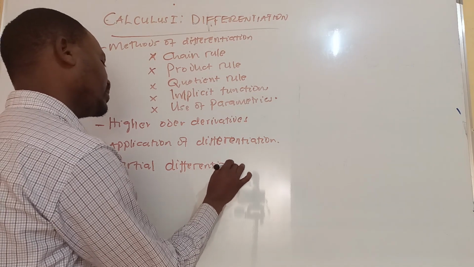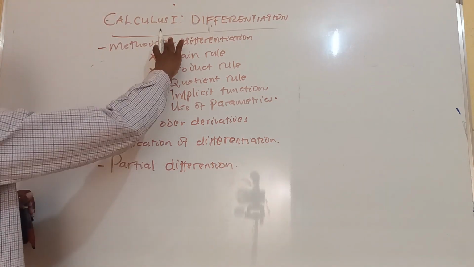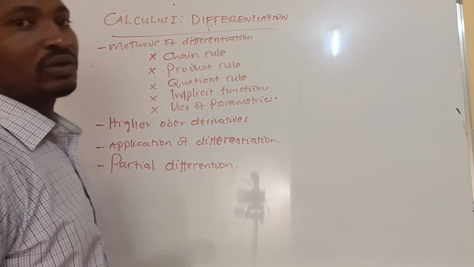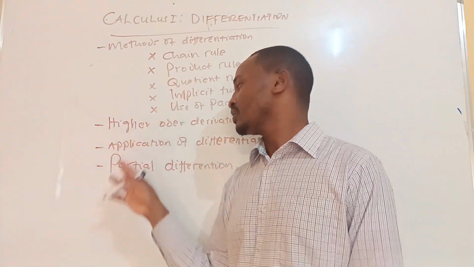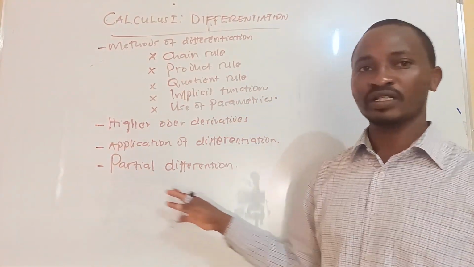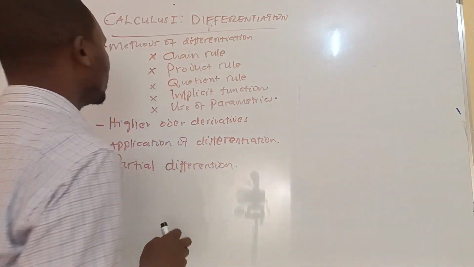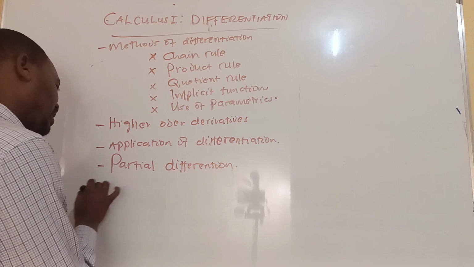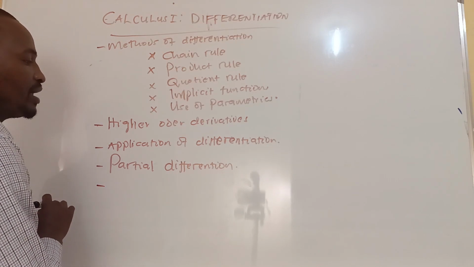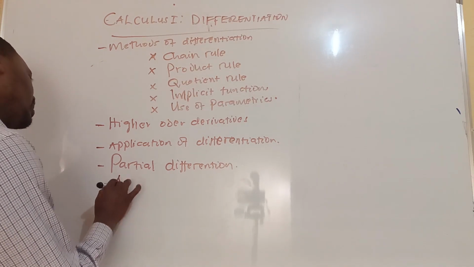In partial differentiation, we are going to use the methods that we have learned to do complete differentiation to evaluate partial derivatives. Then after partial differentiation, we will cover applications of partial differentiation.